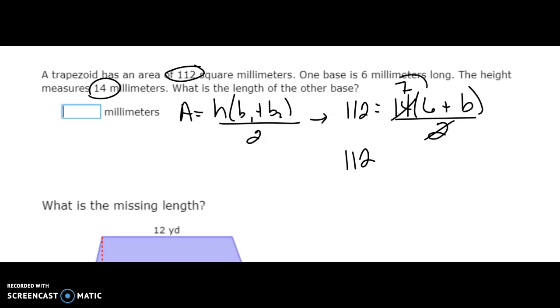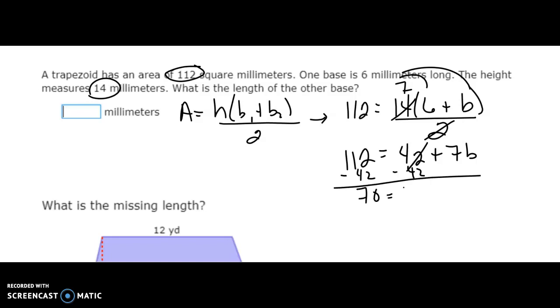I could distribute those and get 42 plus 7b, or I could have divided by 7 right then. We're going to subtract 42. I get 70 equals 7b divided by 7. 70 divided by 7 is 10. So the other base was 10 millimeters long.